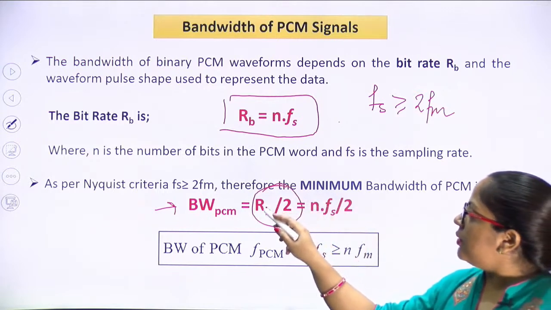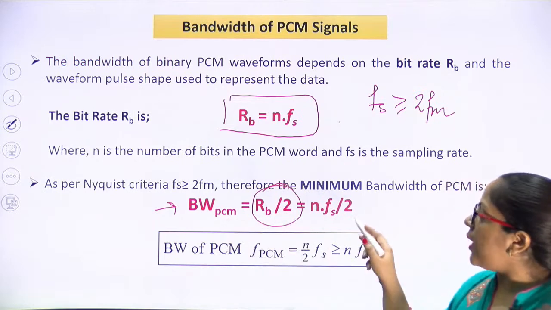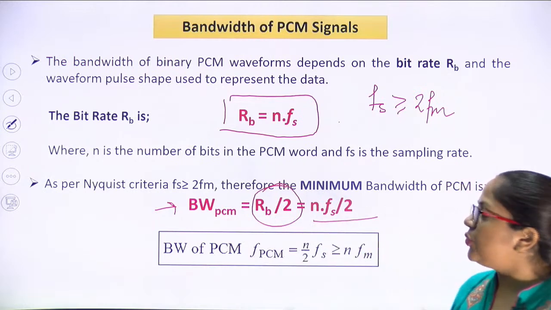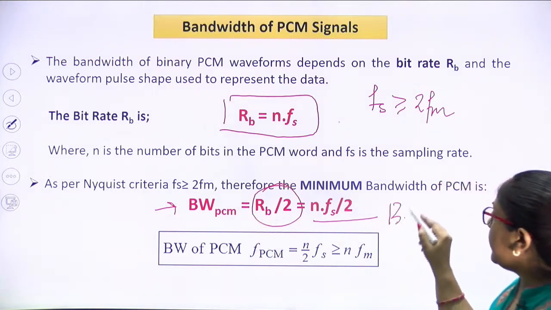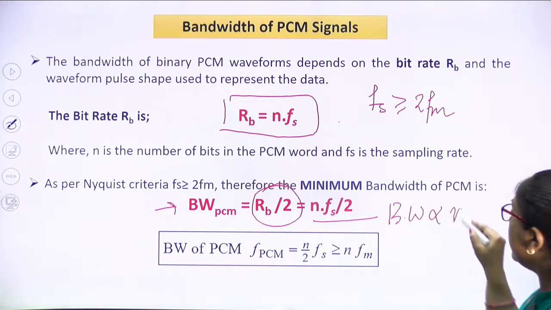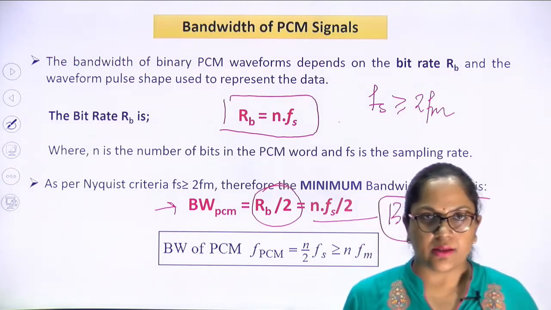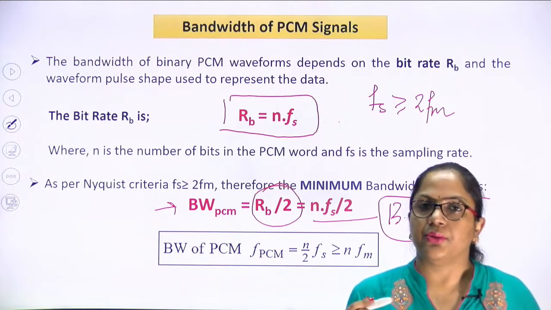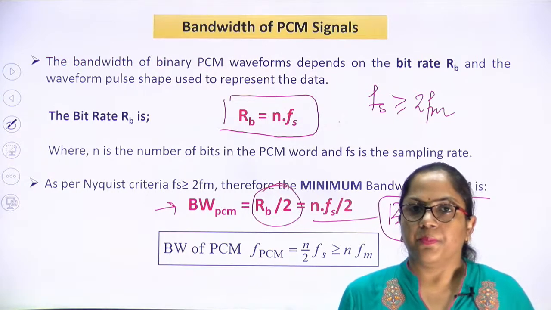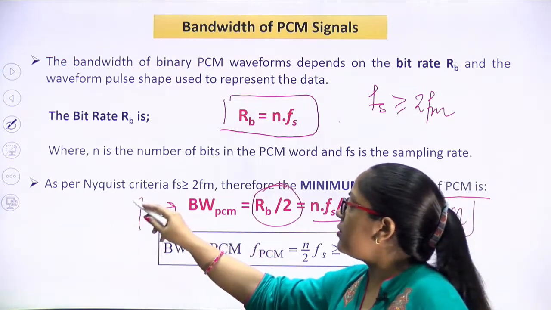So if we put the value of bit rate in this formula, we will get the minimum bandwidth requirement for PCM as n into fs by 2. So the bandwidth is directly proportional to the number of bits. If we increase the number of bits to improve the transmission efficiency and to reduce the quantization noise, the bandwidth requirement for PCM will also increase.